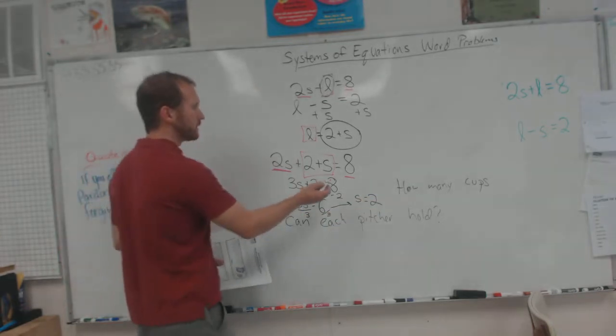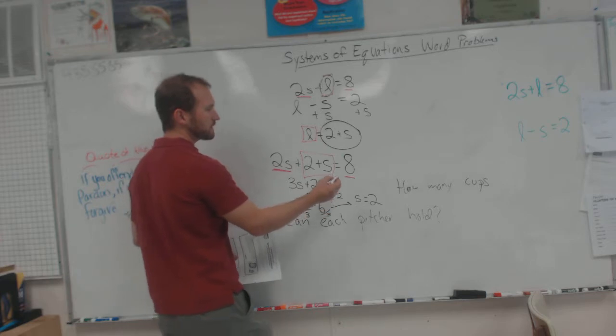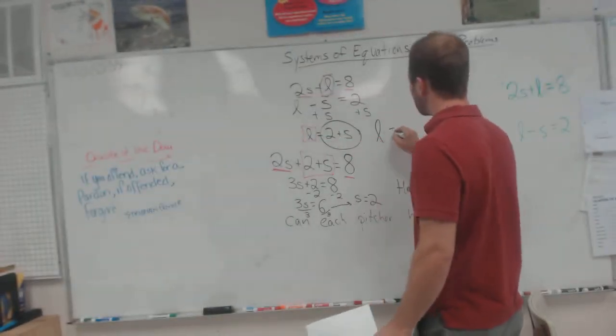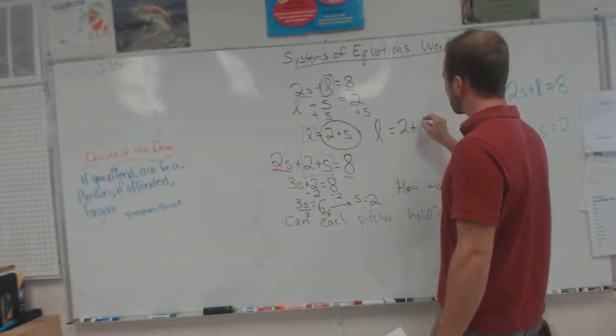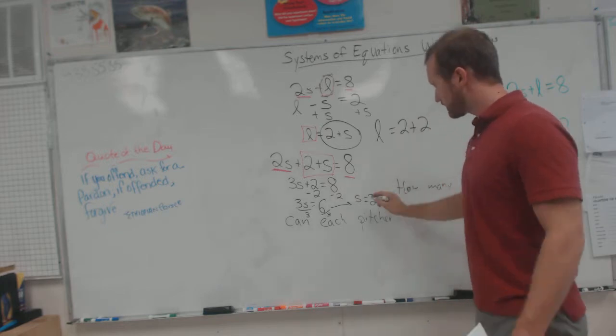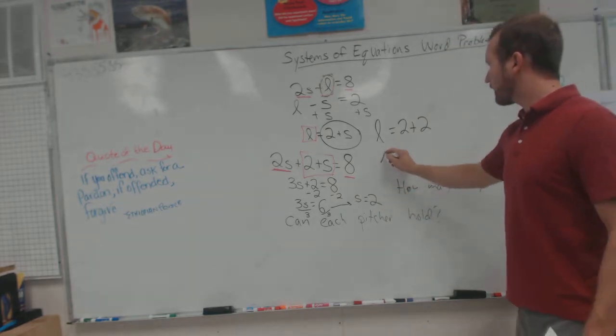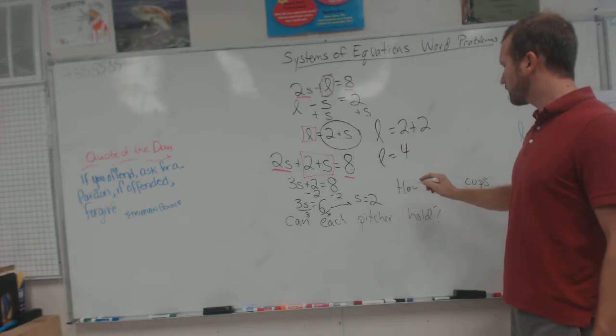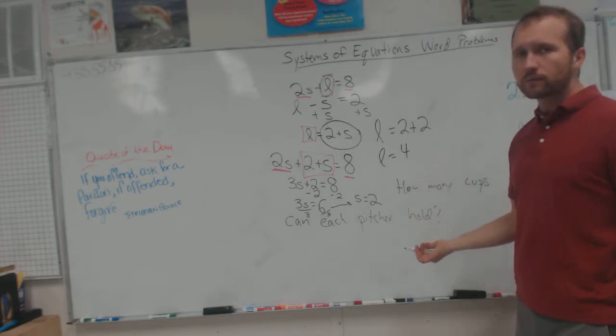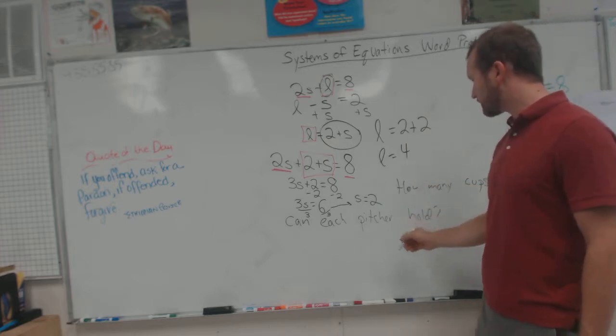Plug that in. I know that L is 2 plus S, so L equals 2 plus 2, because S is 2, L equals 4. Since it was a word problem, they said how many cups can each pitcher hold?